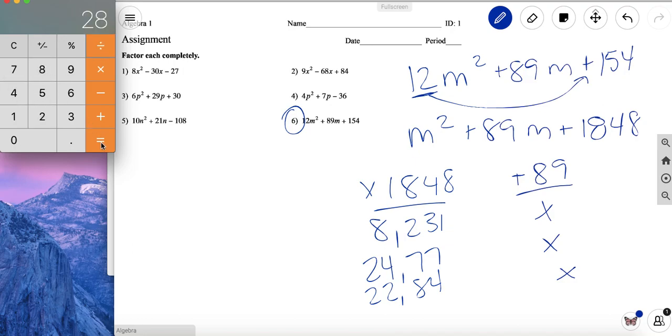28 and 66, but when you add them together, does not get me 89, but we're getting closer. You just keep guessing, right? Keep guessing and checking. Divided by 28, what did I try? 28, 32. Nope.